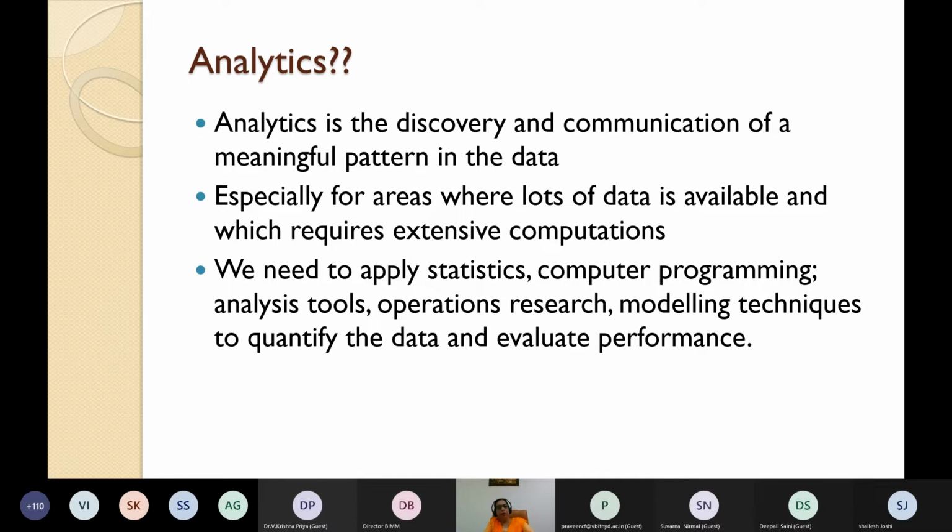So we need to apply statistical inference, interpretation, computer programming, analysis tools, operations research, and different modeling techniques to quantify the data and evaluate its performance.